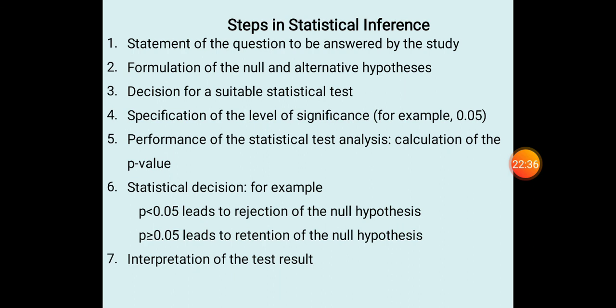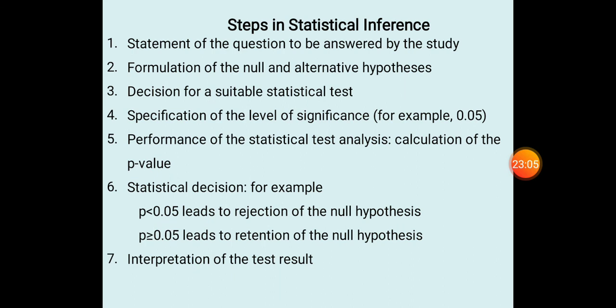Then you decide which suitable statistical test to apply, whether a parametric or non-parametric test, or a large sample test or small sample test. Then you fix the error, the alpha, either 0.05 or 0.01. That is the level of significance, the type 1 error.